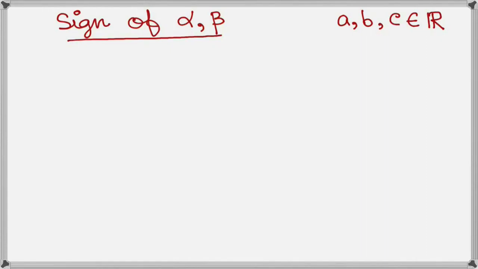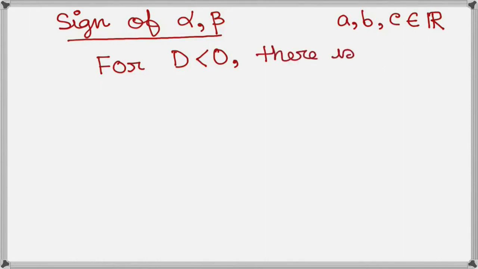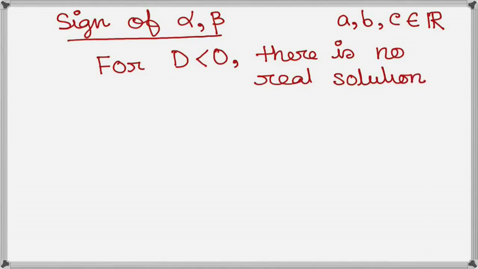Recall that for D strictly less than 0, we have already seen there is no real solution. So for D strictly less than 0, we cannot study the sign of alpha and beta.